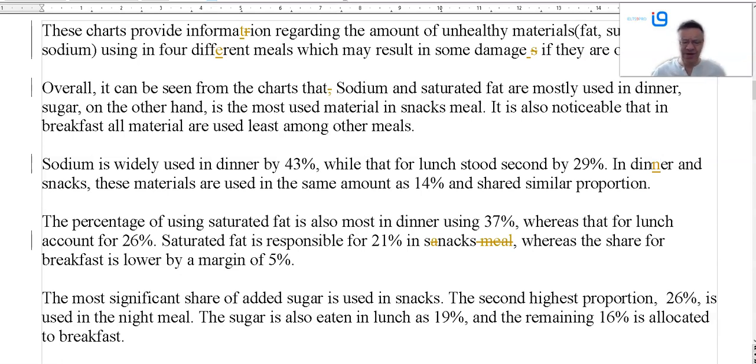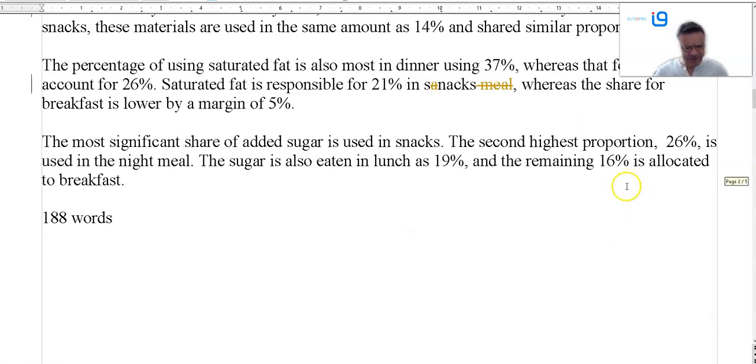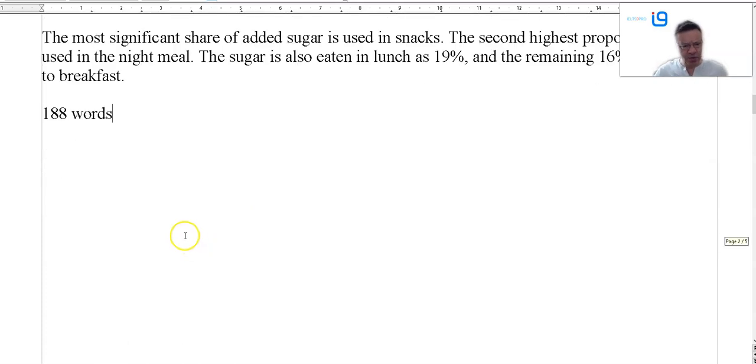So it's not very clear, the phrasing of how it's been arranged. Okay, 188 words. Okay, not too bad. Even night meal, you mean in dinner, the night meal? The is sugar, so article, also eaten in lunch there. So that needs a bit of rewording also.